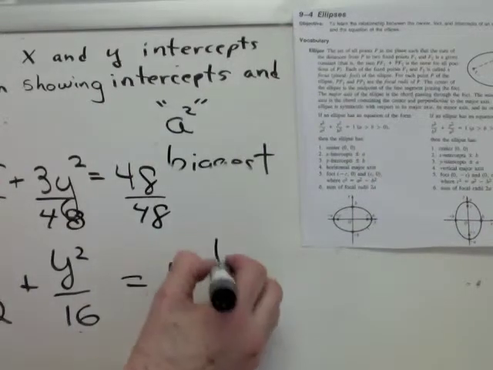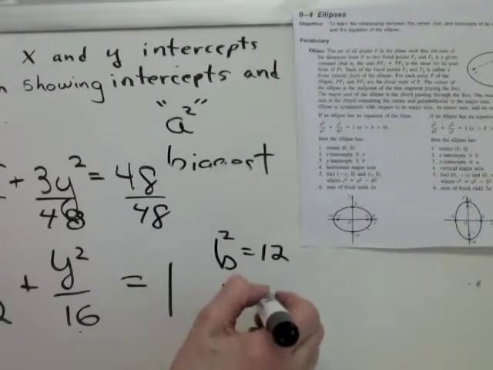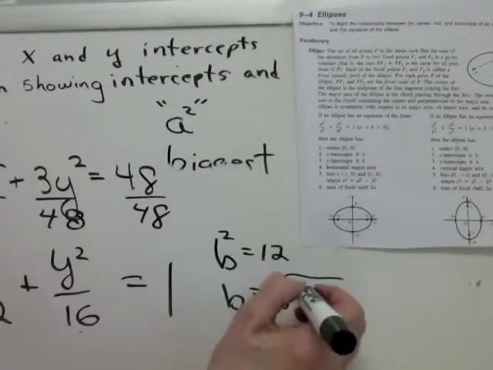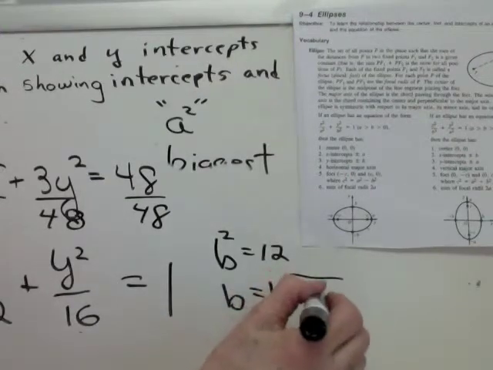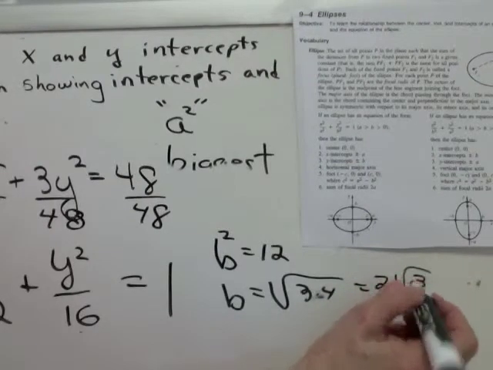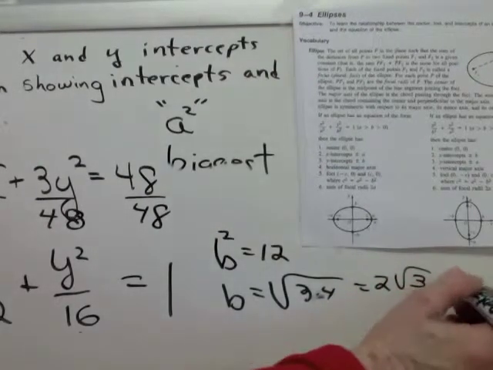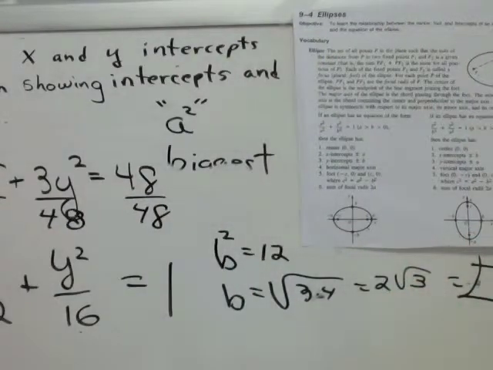Now, when you're doing b squared equals 12, if it doesn't come out to a nice square root, just rationalize it a little bit. So 12 is the same thing as 3 times 4. So how about 2 root 3 is what I'd like you to use for the answer. But again, when you're graphing it, you need the decimal. So use your calculator to get the decimal.